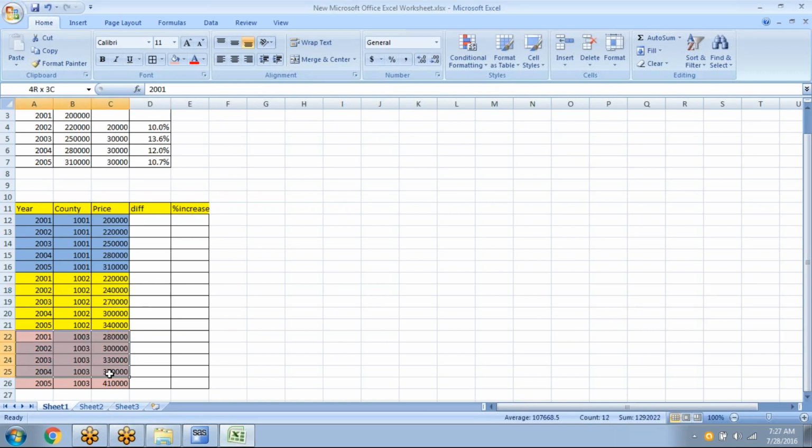In the same way for the others. For example, you have to take the difference, this minus this, and here again this should be blank, because you should not take the difference of 220 and 310. Why? Because that's different county information and this is different county information.